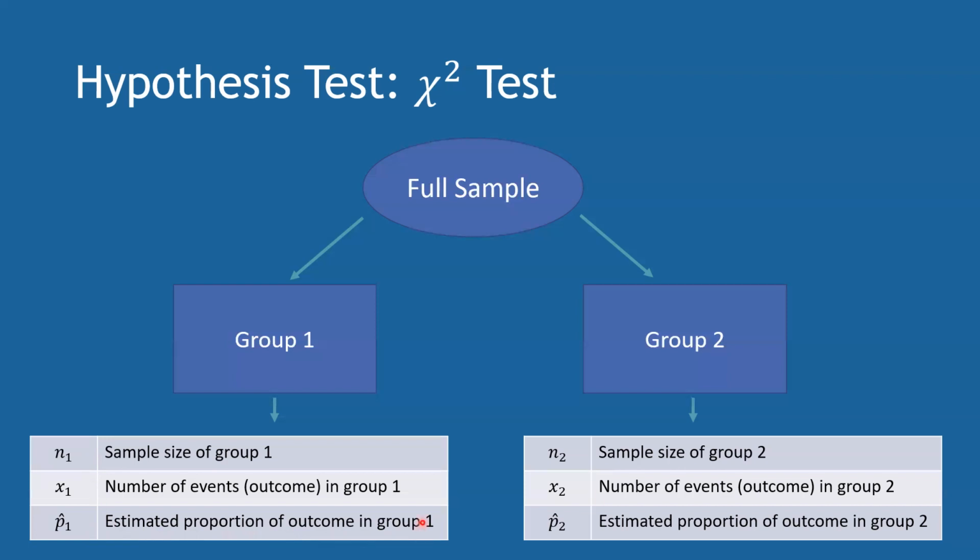So if we've done this for group number 1, we also could do this for group number 2, and we could calculate the same thing. So in the example of comparing diabetes status among men and women, the estimated proportion of the outcome would be the estimated proportion of those with diabetes in group 2, which would be among women.